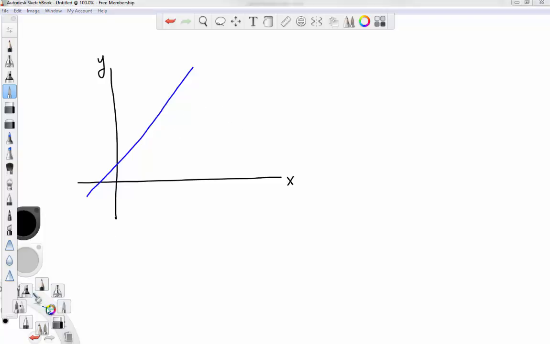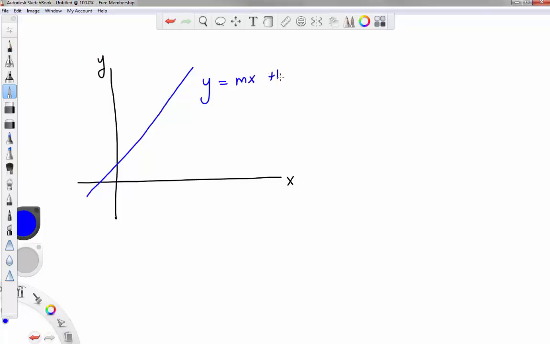The equation that goes with this line is always going to be y equals mx plus b. This is y equals slope times x plus y-intercept.